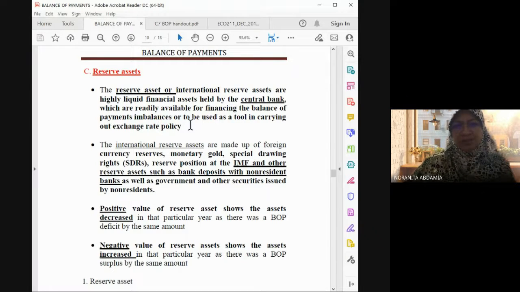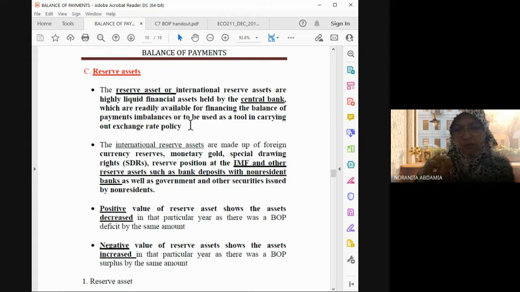Maknanya apa? For this reserve asset ni, what's the function? The function is actually to help if the BOP is imbalance. Dia akan tolong kalau BOP ni berada dalam keadaan tidak seimbang, which is disequilibrium. So these are the functions of the reserve asset. Sebab dia menolong, membantu, maknanya dia akan kontra balik the figure, so that at the end this BOP zero.